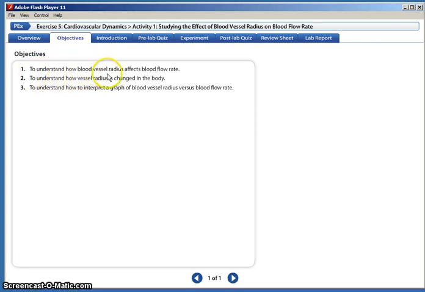Now the objectives are basically your hypothesis that I ask you to put in a report. So, understanding how blood vessel radius affects blood flow rate. Again, that is your basic hypothesis, that blood vessel radius will somehow affect blood flow rate. We can then think about how blood vessel radius is changed in the body.